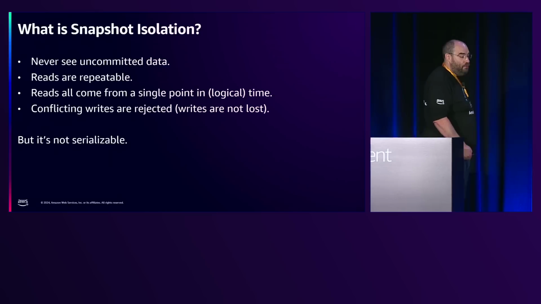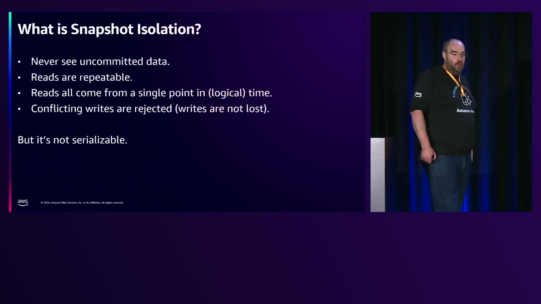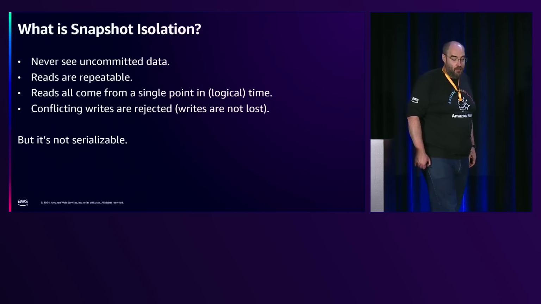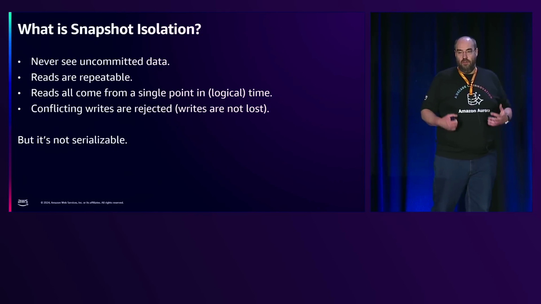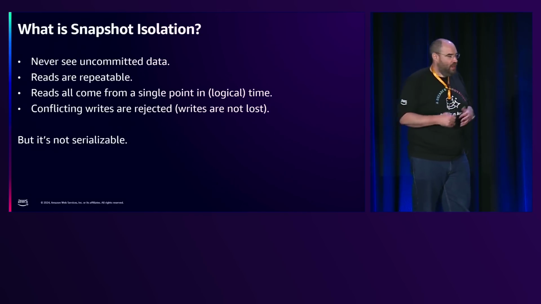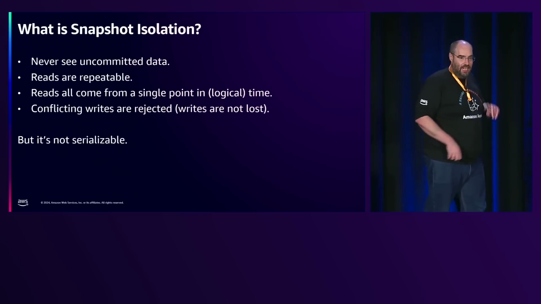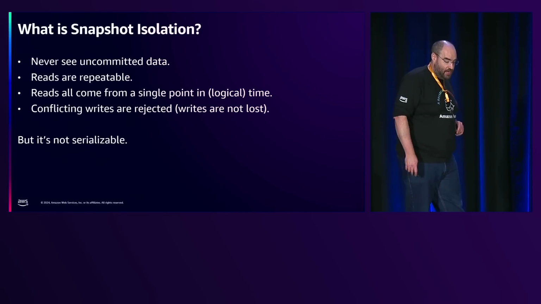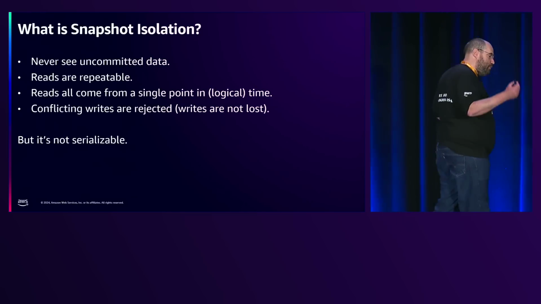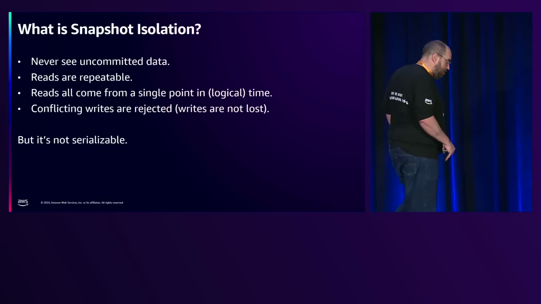And then finally, conflicting writes are rejected. And what that means is that if there are two concurrent transactions that write the same rows, exactly one will be rejected at commit time. And so that's an important thing and something I talked about in my previous talk.